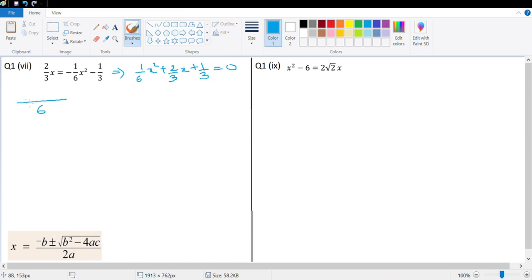LCM will be 6. So this is x square plus 4x plus 6 is equal to 0, which means I cross multiply. So what I get is, why did I get 6?